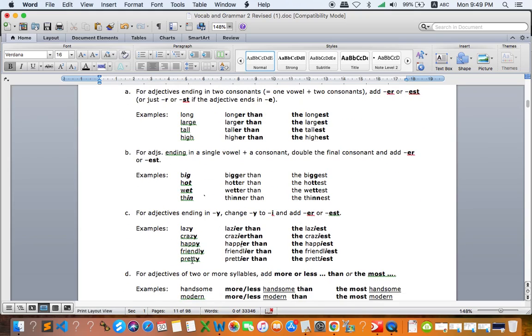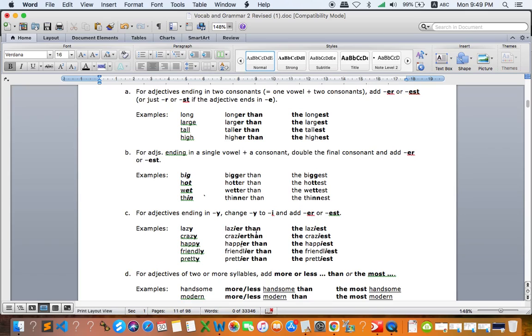So let's go to C, for adjectives ending in y. Change y to i and add er or est. That's what I explained a little bit earlier. As you can see right here, we have lazy, crazy, happy, friendly, and pretty. When you see a y with a consonant before it, we have to change y to i and add er.